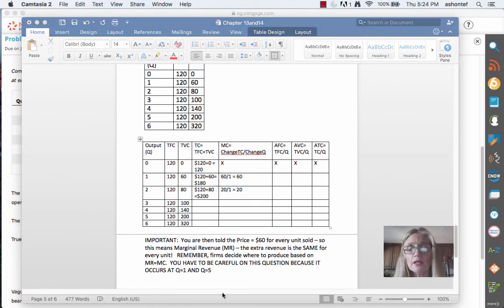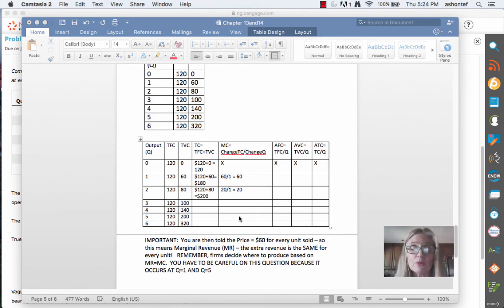Okay, so one other hint or reminder I want to make for you on this question is we always want to produce where marginal revenue equals marginal cost. So that's going to mean you'll want to find where your marginal cost and marginal revenue equal $60. And I know on the first one it is 60, but I'm just going to caution you that there's going to be another one that's 60 further on down.